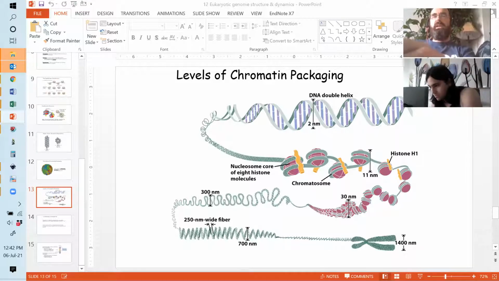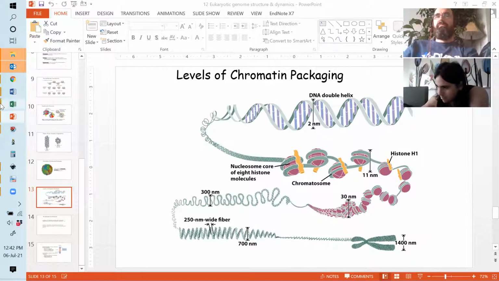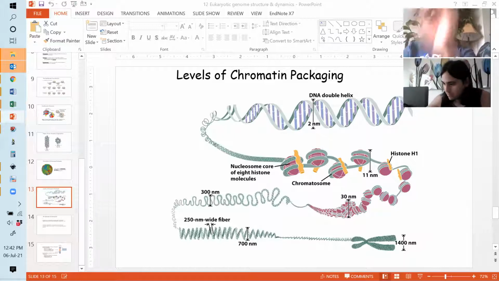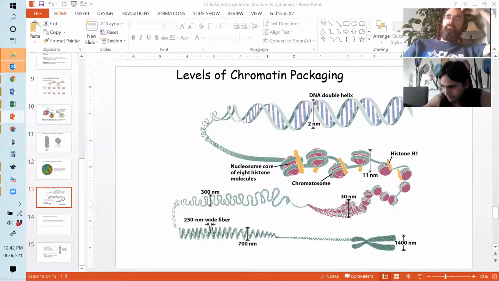So basically it's transcriptionally active. Heterochromatin, on the other hand, is the opposite. It's tightly packaged, very little to no transcription occurs. And this varies chromosome by chromosome, arm by arm, even region by region on the chromosome.